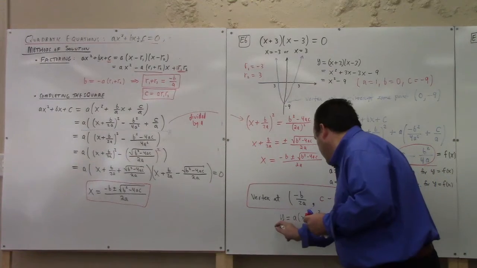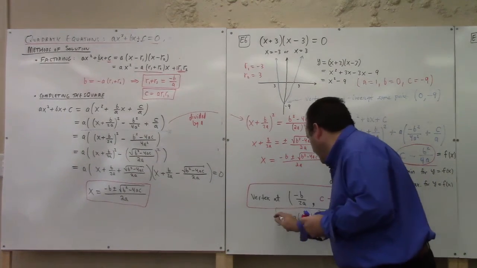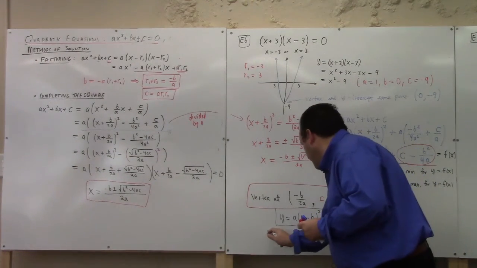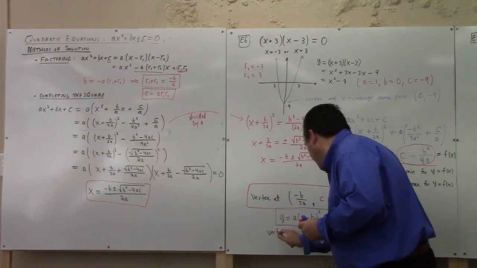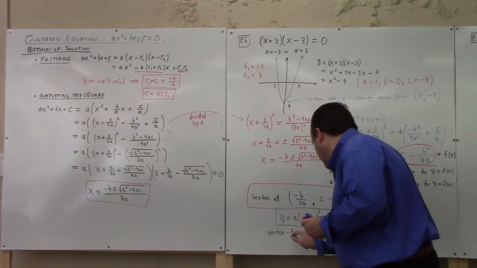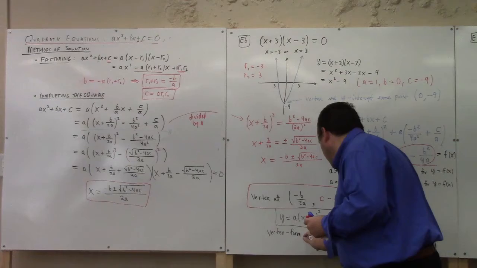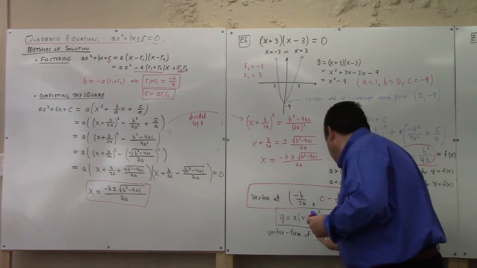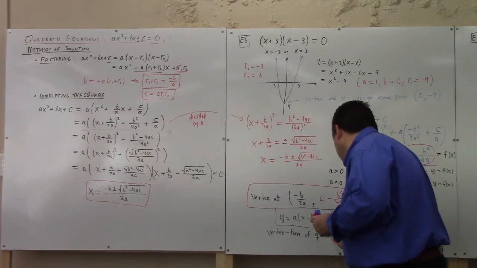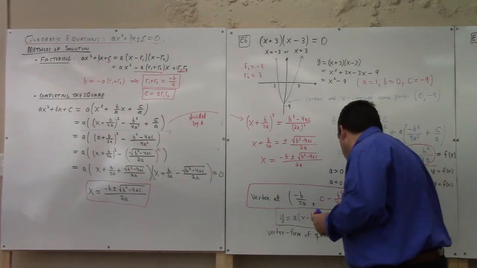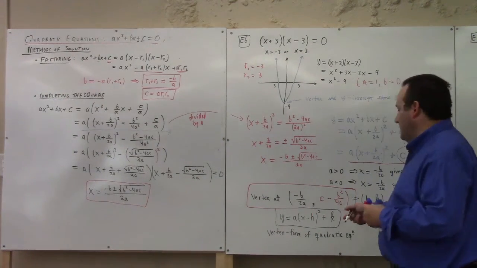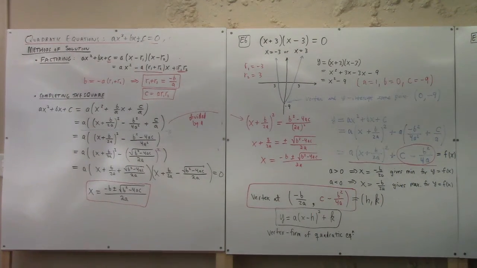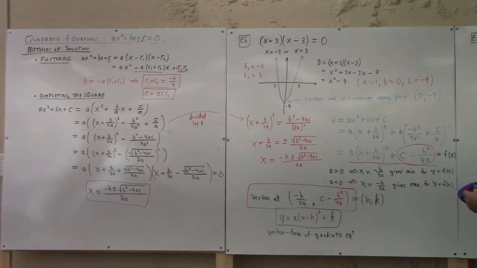So this is sometimes called the vertex form of a quadratic equation. You see why it's a vertex form? It's the vertex form because if you have the quadratic equation in this form, you can read where the vertex is just directly. Right?